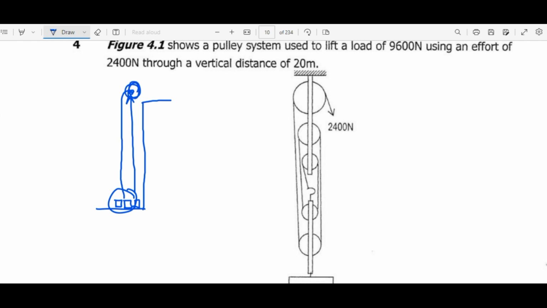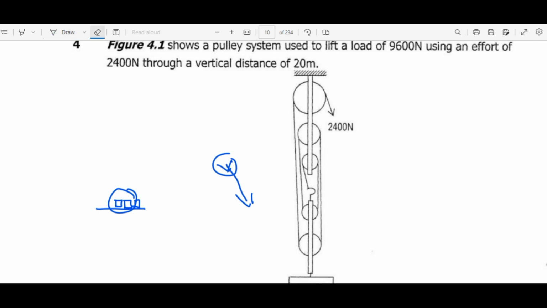So we have a pulley, and here there should be a rope that you pull down so that this thing comes up here. So that is the simple application of a pulley system in construction, where we have a very high building.